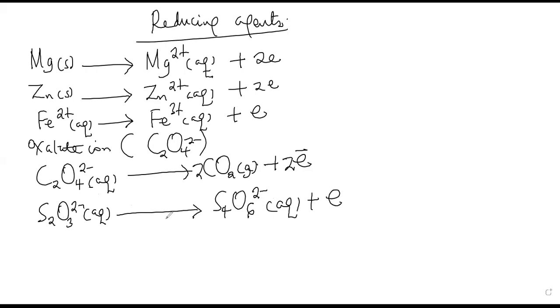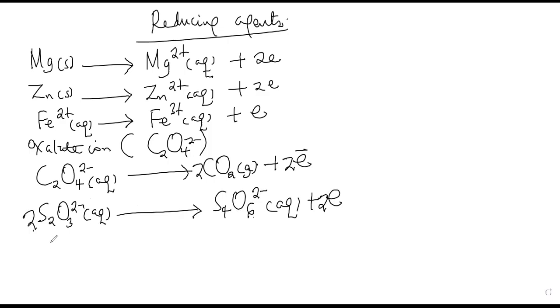S's are 2, S's are 4. So we put here a 2, making oxygen 6 and oxygen 6 balanced. Atoms are balanced. Charges: this is -4, this is -2. Put here a 2, so that -2 plus -2 become -4. And that is how we balance it.